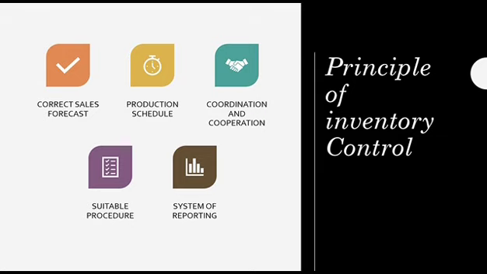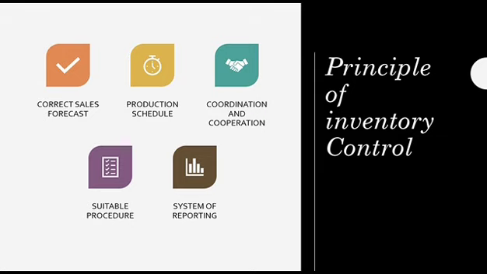Next principle is that there should be a well organized system of reporting to the management, because whatever happens in the production processes should be reported directly to the management. That reporting should consist of the material purchase, storage, utilization, return, spoilage, defective goods, and the inventory stock balances.